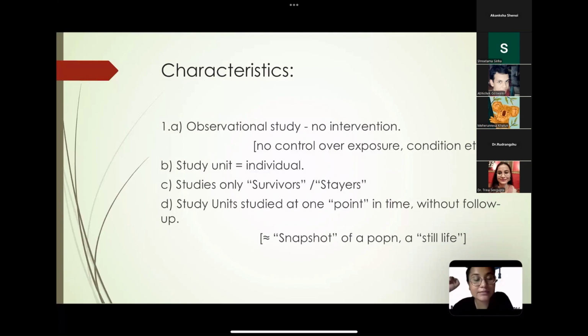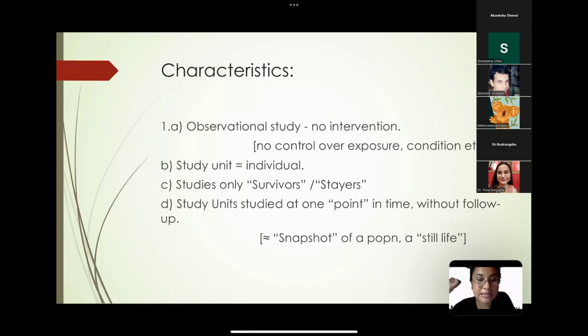Study only the survivors or stayers. As I told you in prevalence, we are not considering those who have already died, who have been lost, who have migrated, only those who are staying, the survivors of that disease. If we are studying the prevalence of lung carcinoma, we are not taking into account those who have already died of the disease from the same population, only those who are surviving.